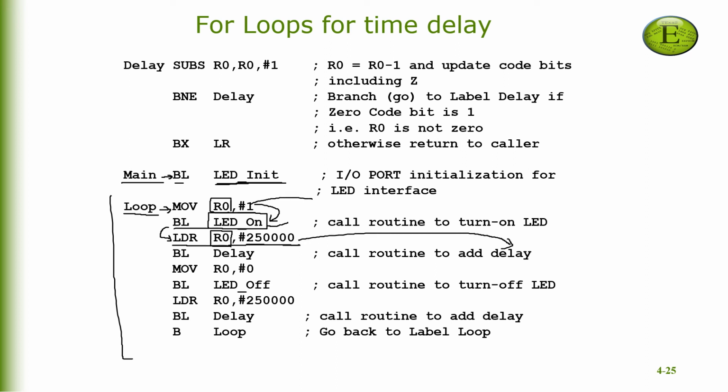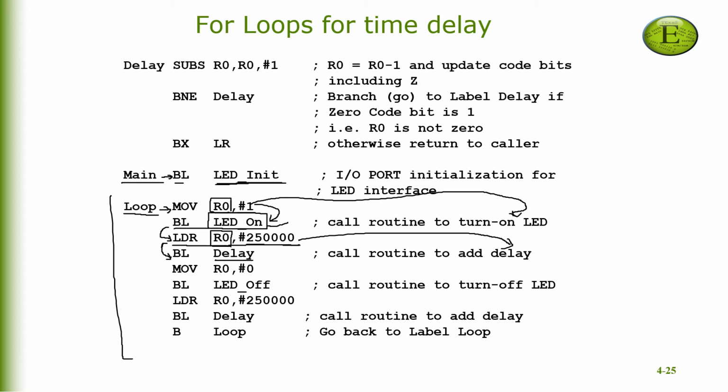The previous value was to turn on the LED. So in a sense, your program variables map to the registers inside the microcontroller. This value corresponds to the amount of delay, as we shall see shortly. With R0 set equal to 25,000, that's a decimal value, we call a routine known as delay.